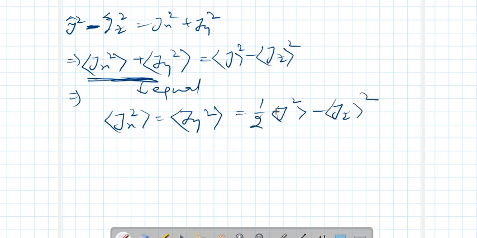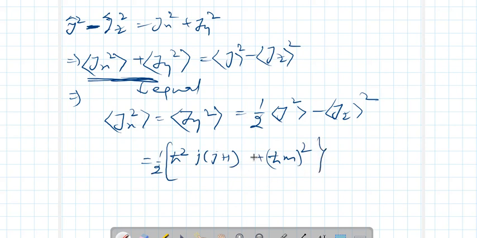What are the values of this? The expectation value of it is equal to 1 by 2 of h cross square into j into j plus 1, minus h cross square m square.